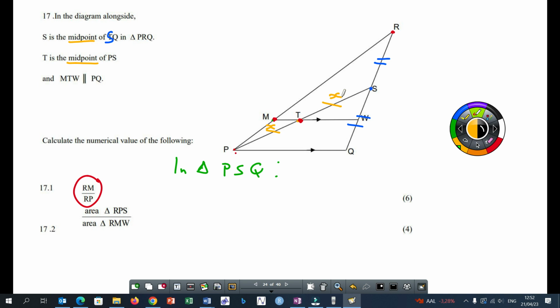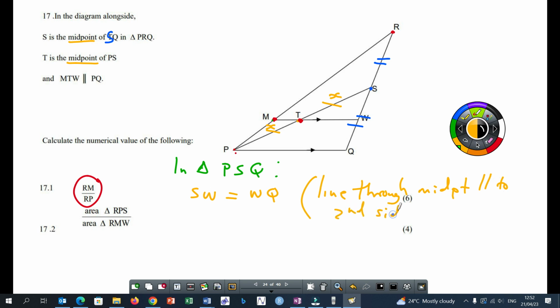So in that triangle, I can say SW is equal to WQ. My reason is the converse of the midpoint theorem: line through midpoint parallel to second side.